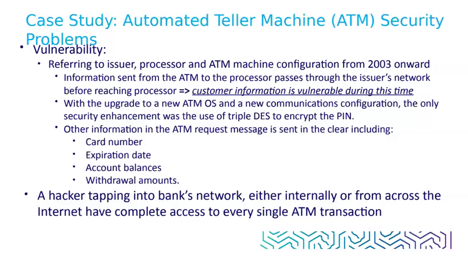In this case, the weakness was incomplete protection of ATM transaction data. This ATM case study illustrates that strong cryptography alone does not guarantee complete security. Even though the PIN was protected with triple DES, the other sensitive transaction details remained exposed because they were transmitted in plain text.